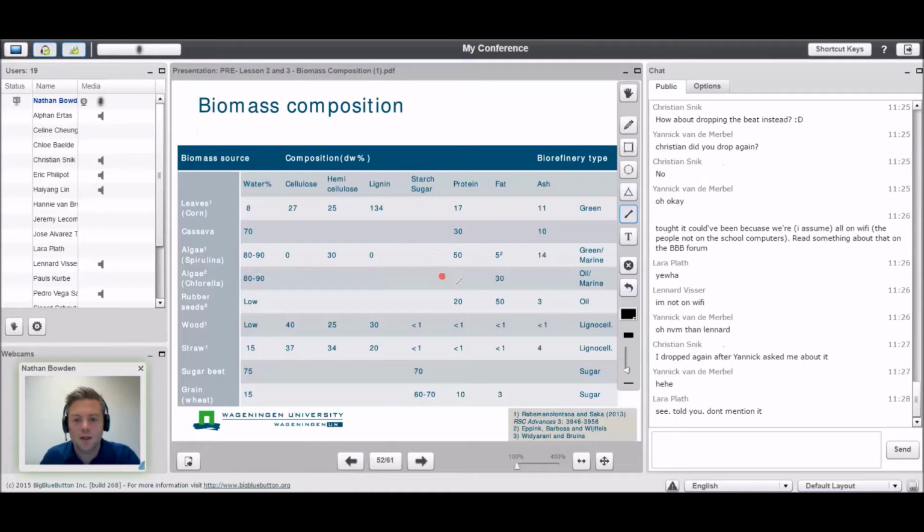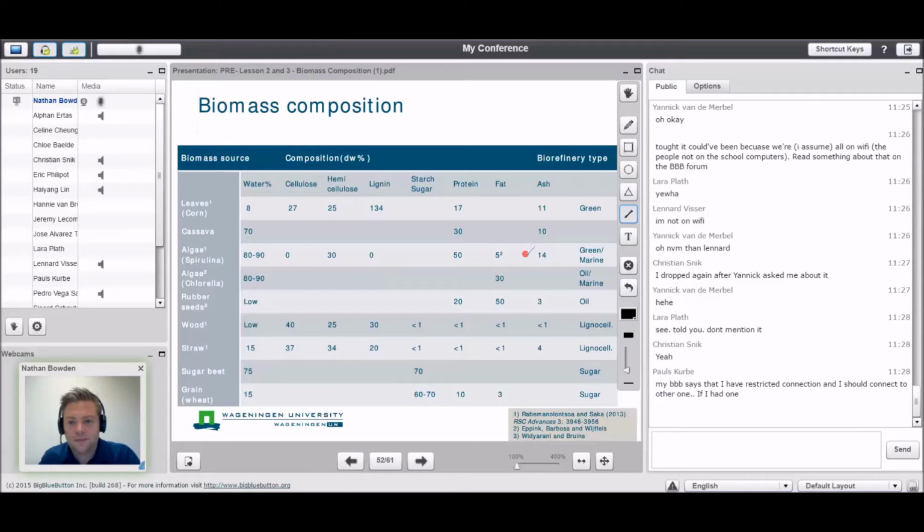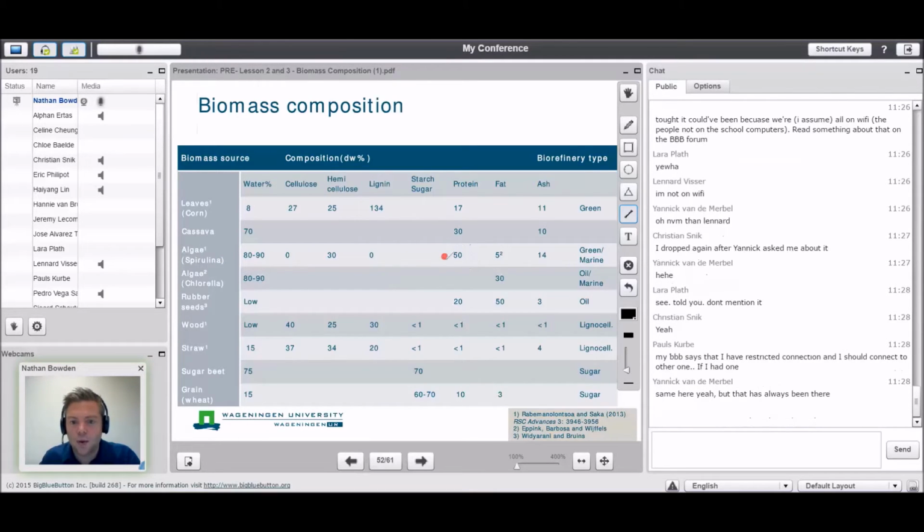So now you know why dried crushed spirulina is used as a protein supplement. 5% fat, and fat you can normally get rid of by just lowering the temperature. If you freeze dry it, the fat will float away. Ash is 14%, and this is basically nutrients. So spirulina is an excellent choice for protein extraction.